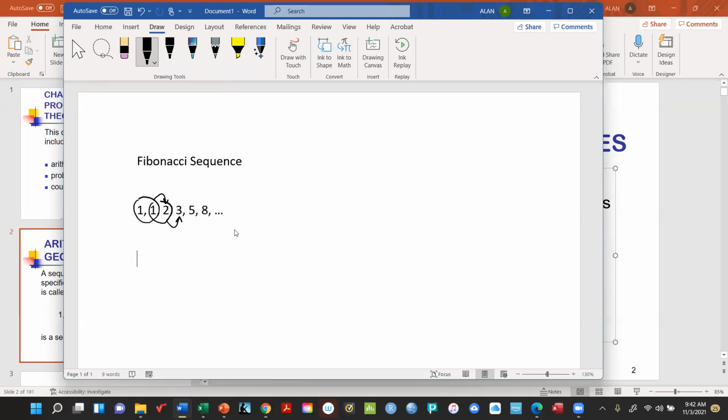The third and fourth numbers add up to 5. And the fourth and fifth numbers add up to 8. In other words, what happens is, except for the first 2, which are the starters for this sequence, after that, every one of these terms is the sum of the previous 2 terms.